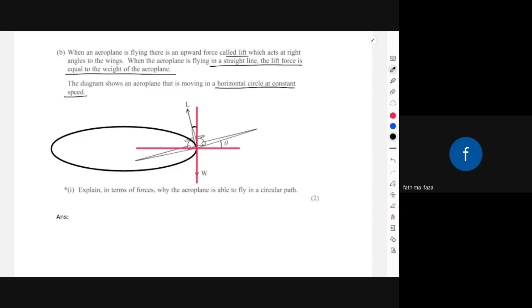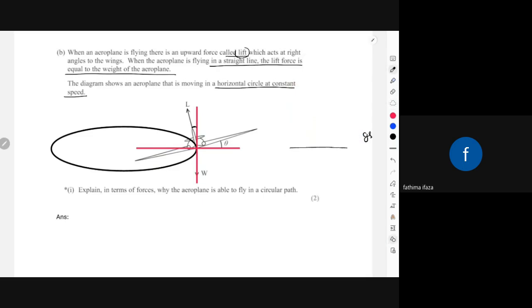It was already stated at the very first that lift acts perpendicular to the wings, right? So in a straight line, this is your wings, and this is your lift force, and they were 90 degrees to each other. Let me just draw a proper diagram.